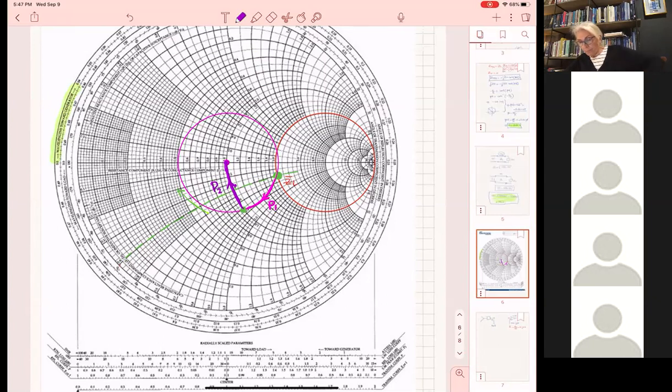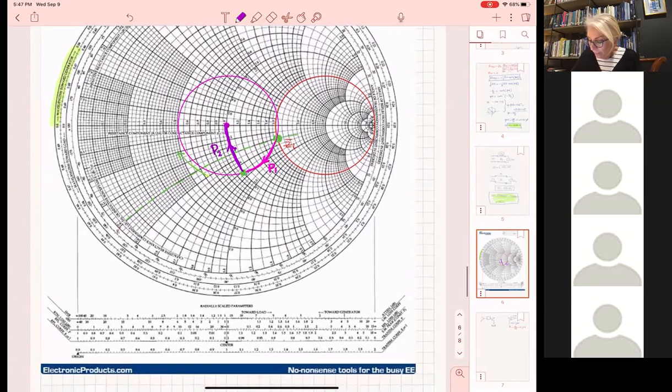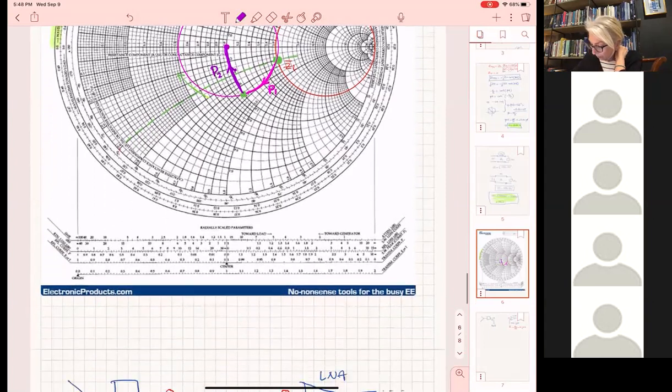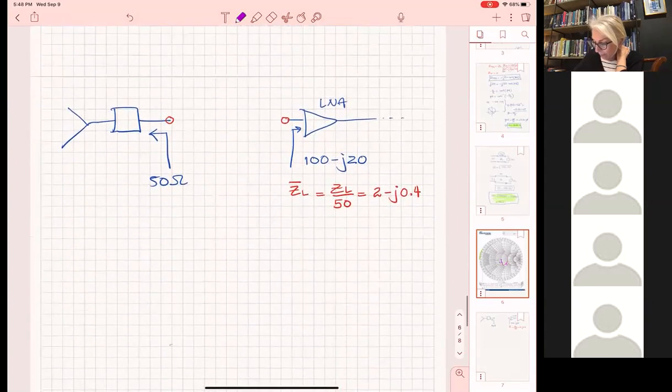Okay. In reality, now I can find the following 2 things. I need to find the length of the line, which is by looking at path P1, and I need to find the length of the stub by looking at path P2. And I will explain how to do that, but in the meantime, I will also describe what we've done.